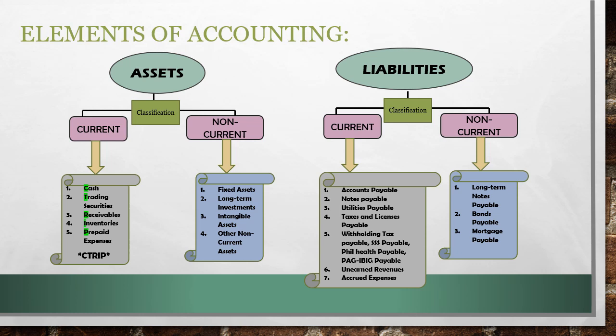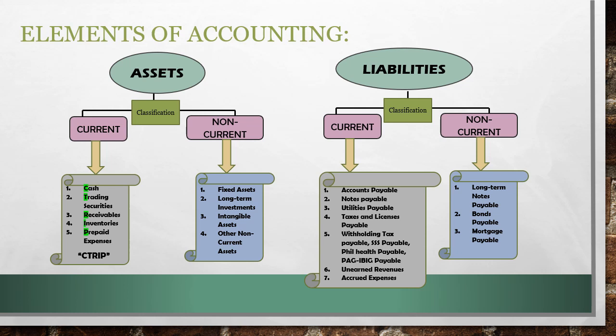Examples of these non-current assets are the fixed assets, which is also known as property, plant, and equipment. We have also the long-term investments, the intangible assets, and then other non-current assets.